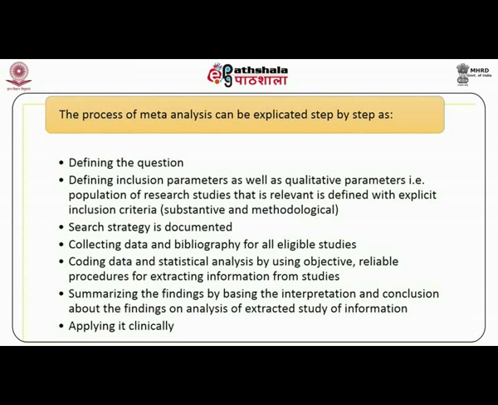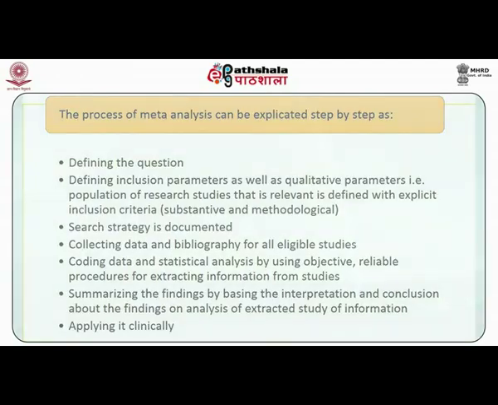The coding of the data and statistical analysis by using objective, reliable procedures for extracting information from the studies is done. And the next step is summarizing the findings by basing the interpretation and conclusion about the findings on analysis of extracted study information, and of course the last step is applying it clinically.